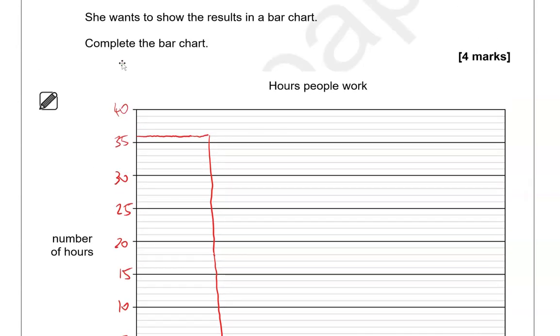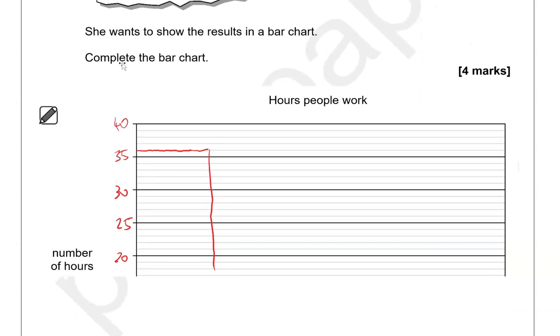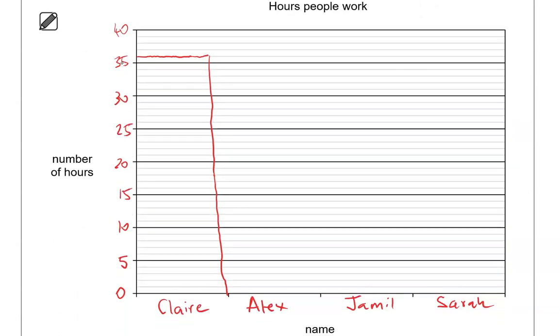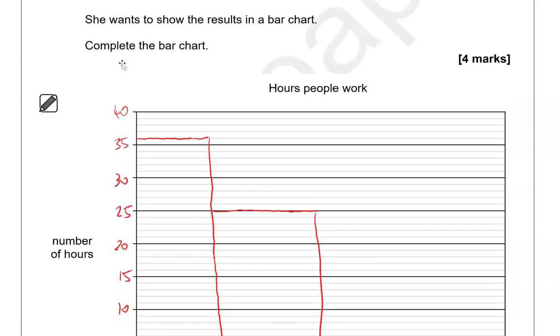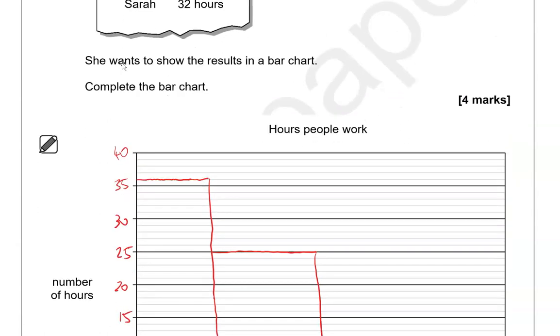Then we've got Alex with 25 hours. So we're going up to 25. Then we've got Jamil with 18 hours.